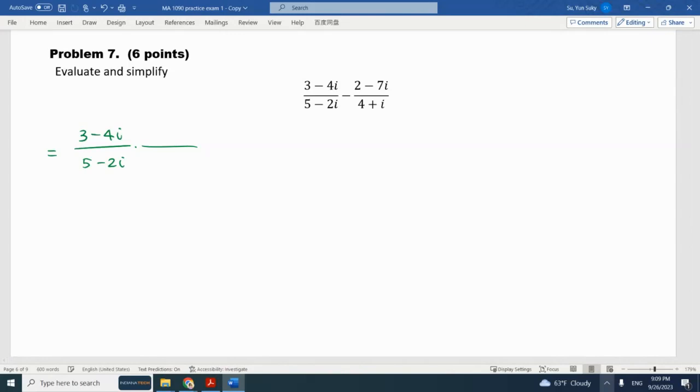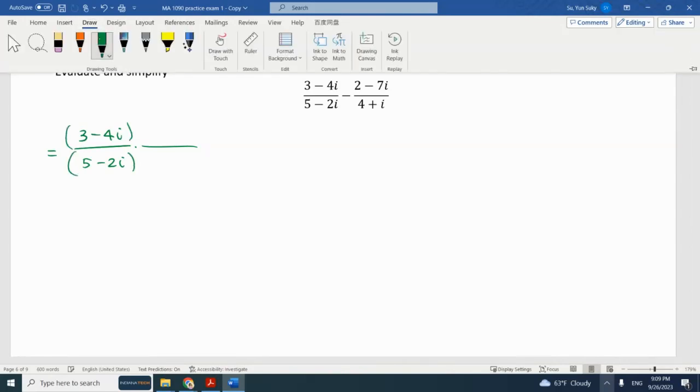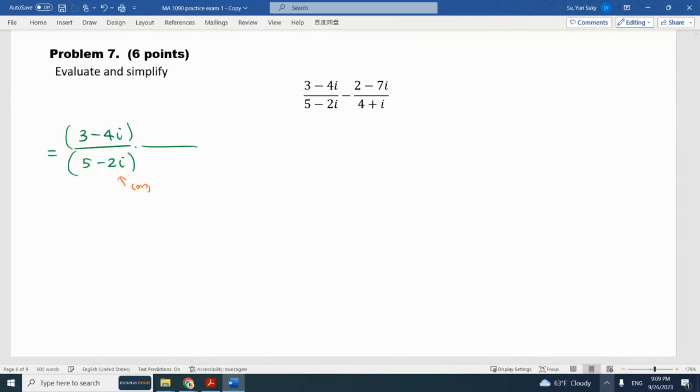We want to get rid of the i in the denominator. So you multiply by the conjugate of the denominator. So we multiply by the conjugate: 5 and 2i, same, but the middle sign, it was minus, now you put plus.